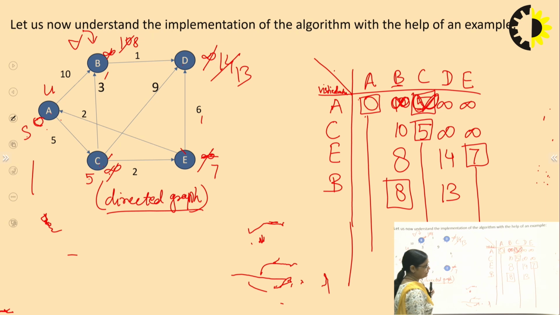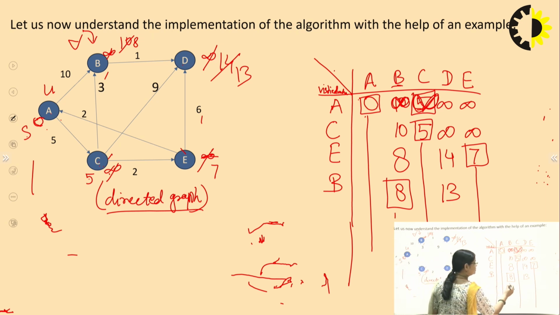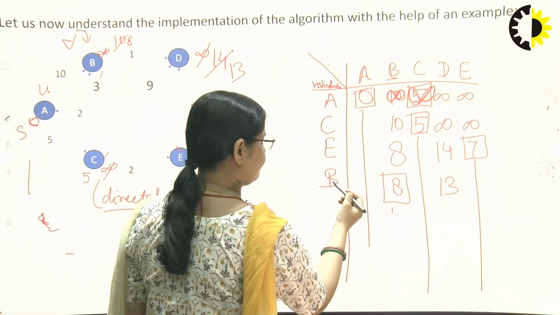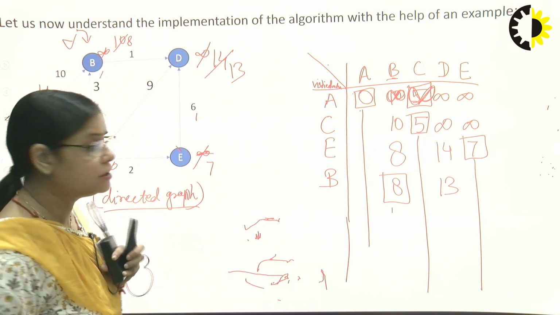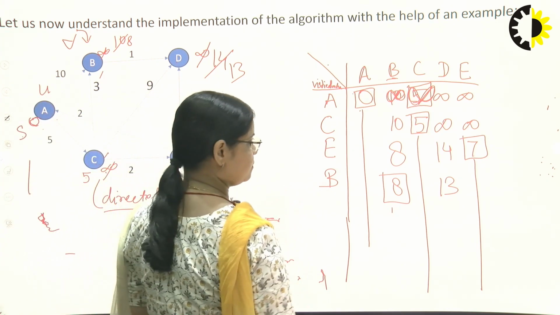Right? B, because B is minimum. Now we are not going to take A, C, E. B is minimum. Okay.